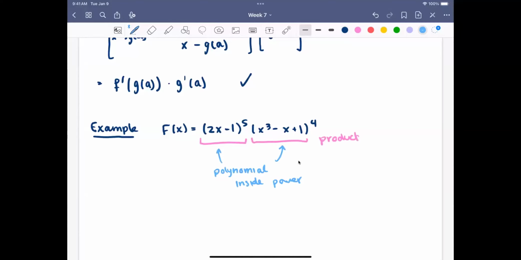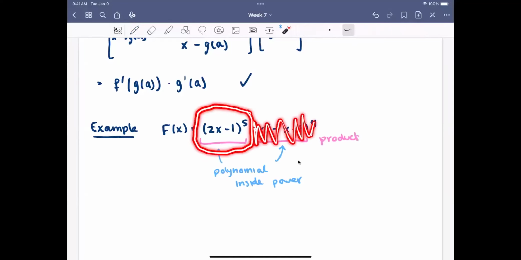Where did the five in front come from, and then you have to take the derivative? Yeah, so let's pretend for the moment that this stuff isn't here. If you wanted to take the derivative of this, you would take the 5 down in front and leave behind a 4, leave this in here, and then take the derivative of that and multiply it on the side. But we have this thing times something else. So we'll do the product rule first.